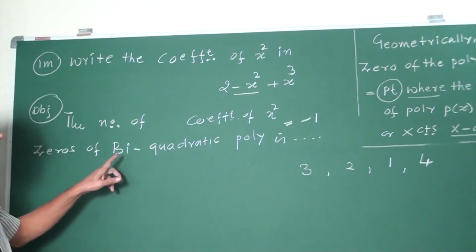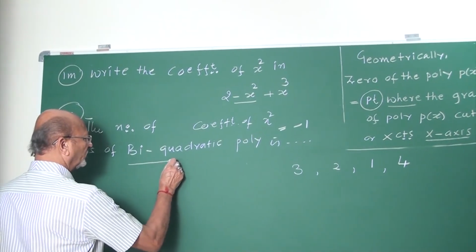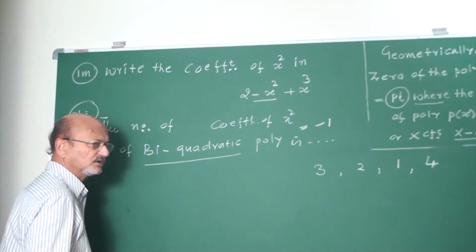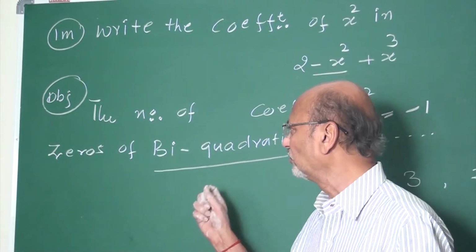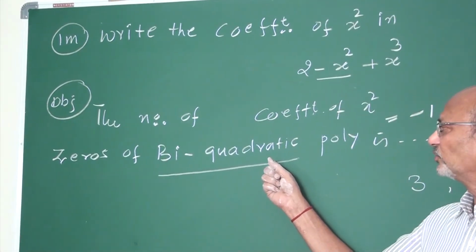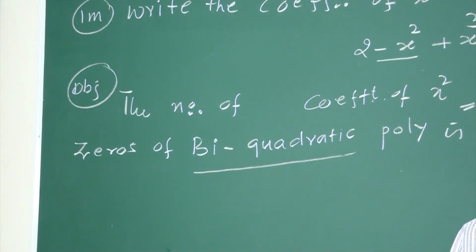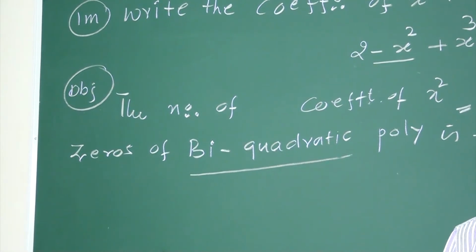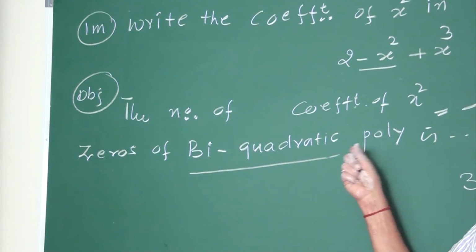Why do they give this purposely? Sometimes even the students are very much aware of linear, quadratic, cubic. Biquadratic is a very rare case. Sometimes you have never even heard of this biquadratic. In such cases, the examiners may take the benefit, giving the number of zeros of a biquadratic polynomial.